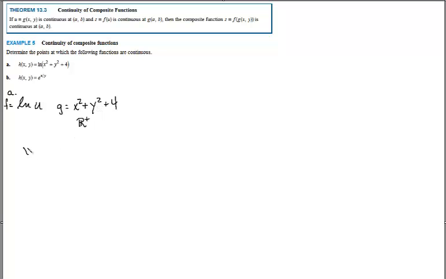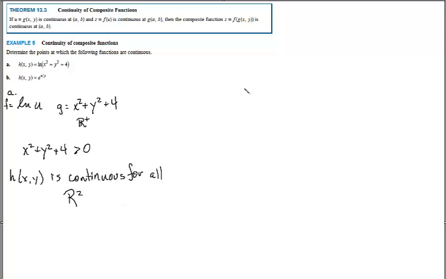So as long as x squared plus y squared plus 4 is greater than 0, we're good to go. Seeing as no matter what I plug in here for x and y, it's going to be greater than 0, I can now say that h of x, y is continuous for all the reals in 2 space.